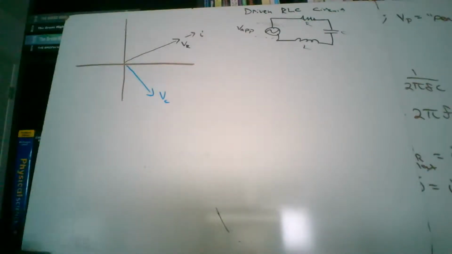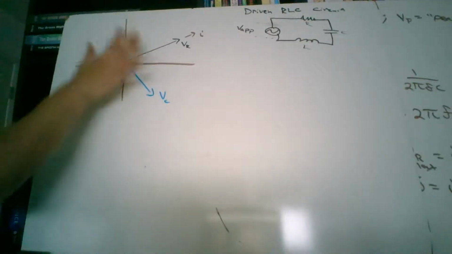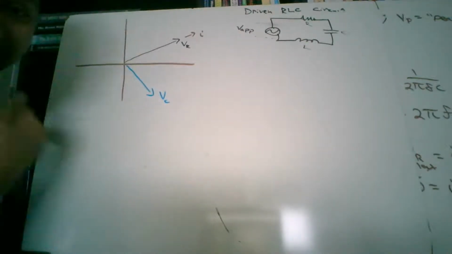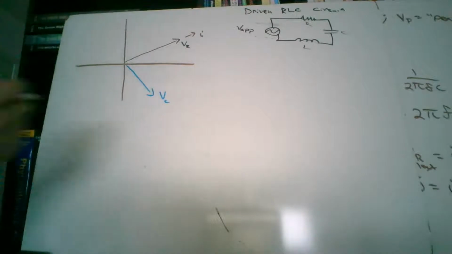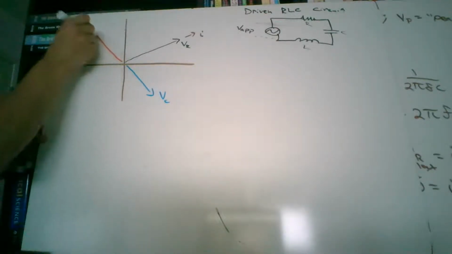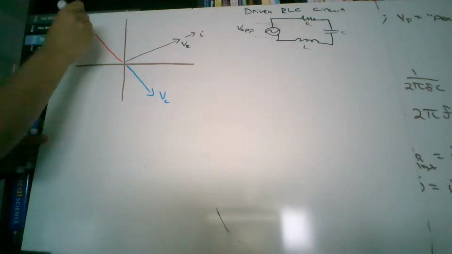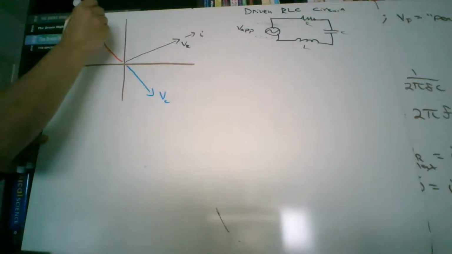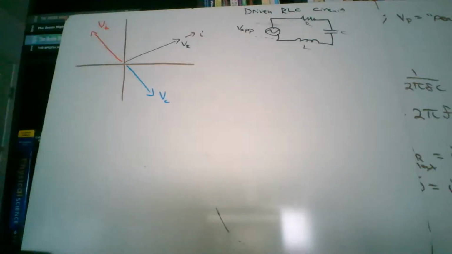And if that's the direction of the voltage of the capacitor, we know that the voltage of the inductor leads the current. That's what we had defined yesterday. So it's going to lead the current by 90 degrees. That's going to be the voltage of the inductor.